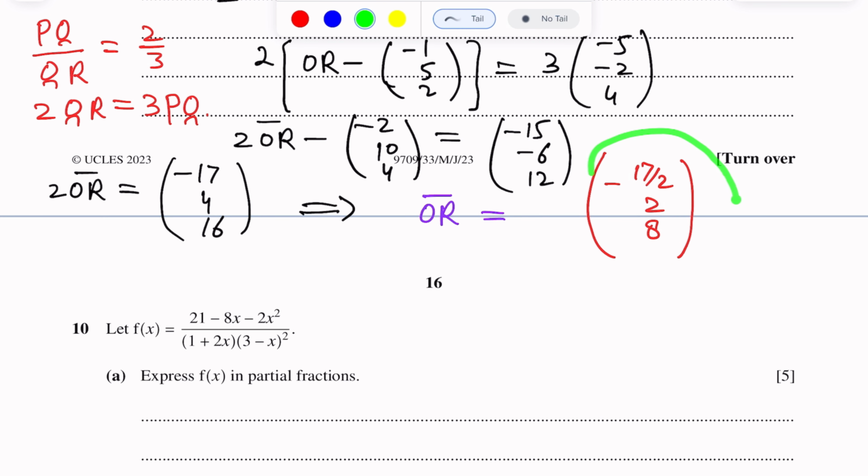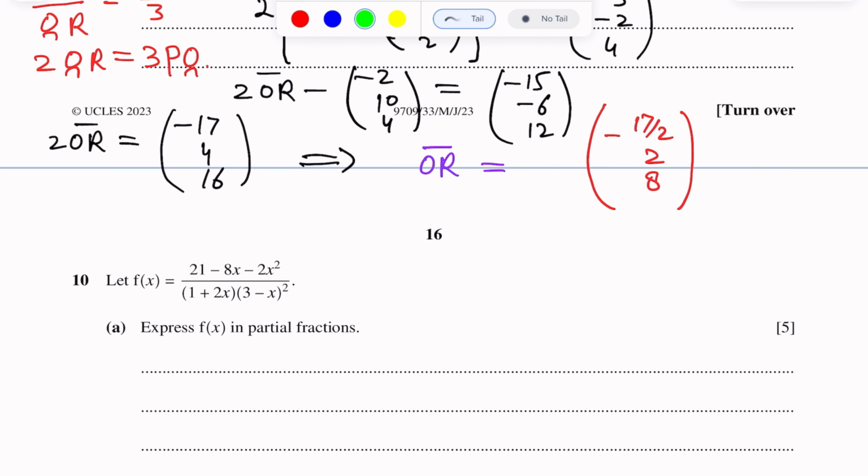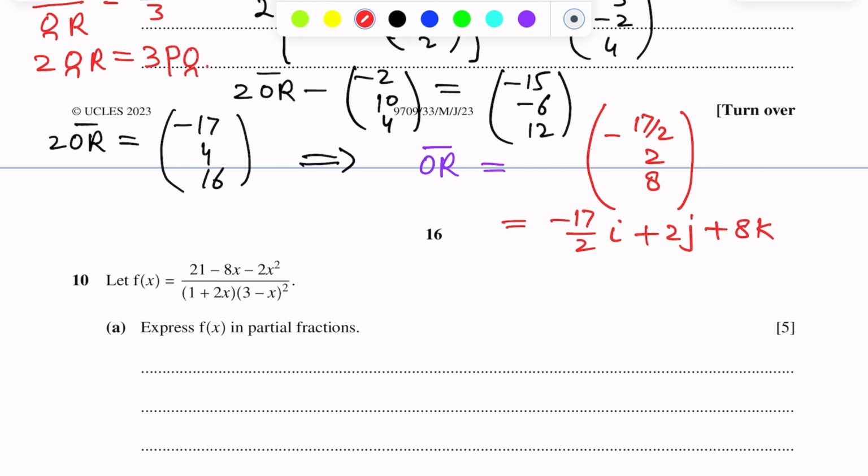This is the answer, or this is the position vector of R. We can also write it in terms of i, j and k. This is also equal to minus 17 over 2 i plus 2j plus 8k. This is the answer.